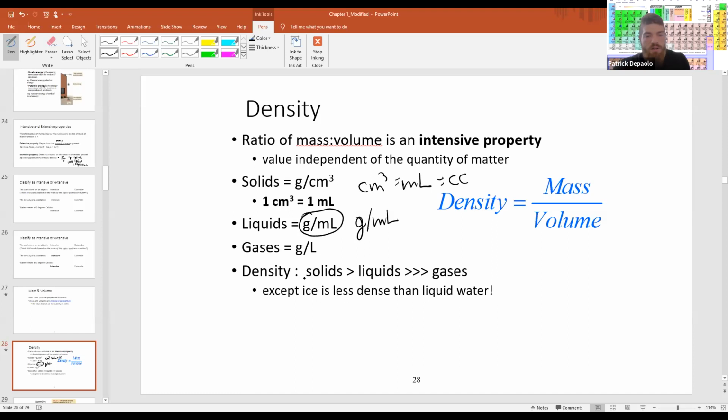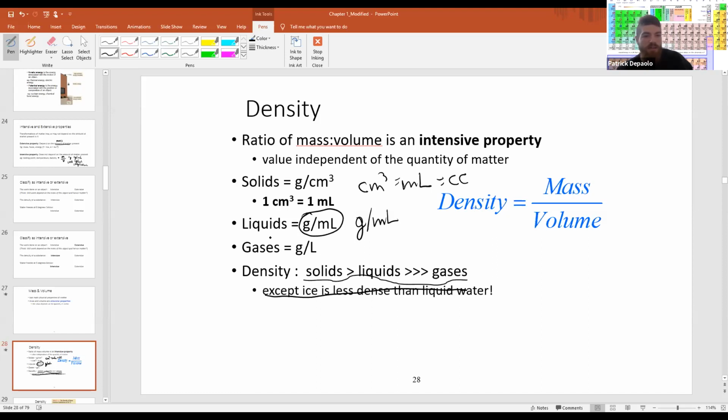We should understand that as you increase the energy of different states of matter, going from solid to liquid to gas, the density decreases. That's mostly true, except for water, which I'll explain in a second.